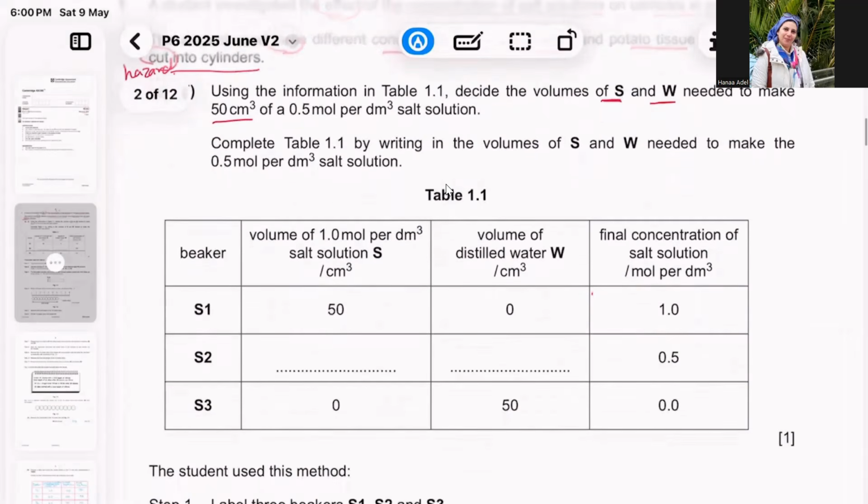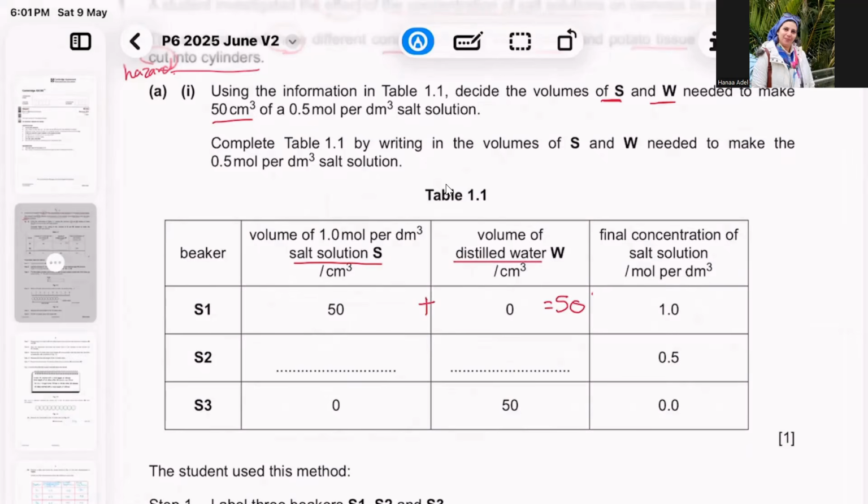Right. Firstly, we have the volume of 1.0 mol per decimeter cubed salt solution, S, in cubic centimeters, and this is W for the distilled water, also in cubic centimeters. And we put 50 cubic centimeters of salt solution plus 0 of distilled water, so the total is 50.